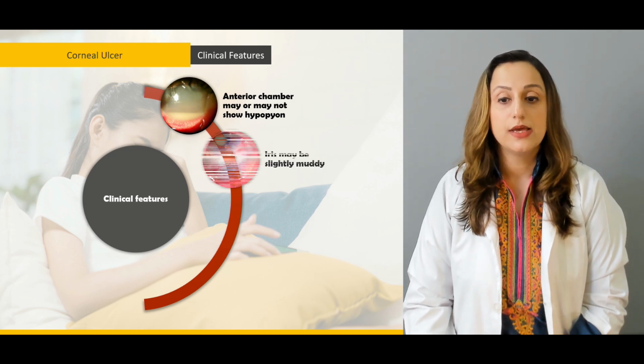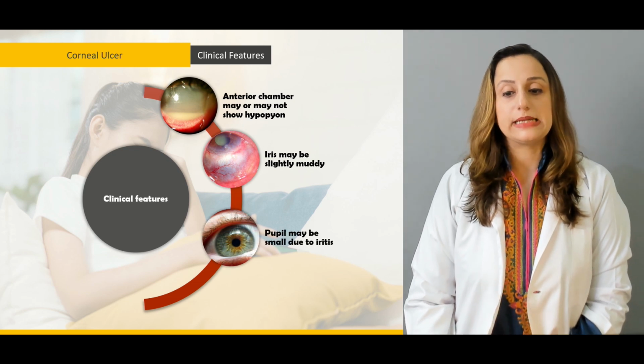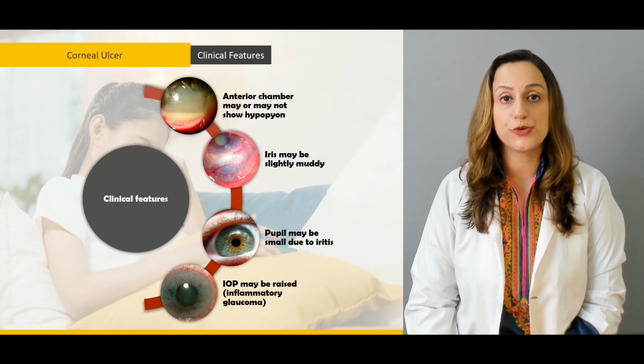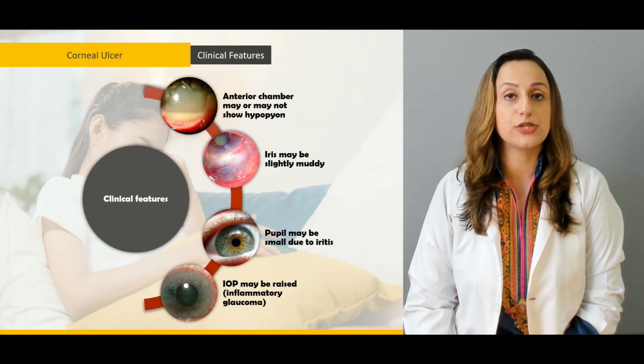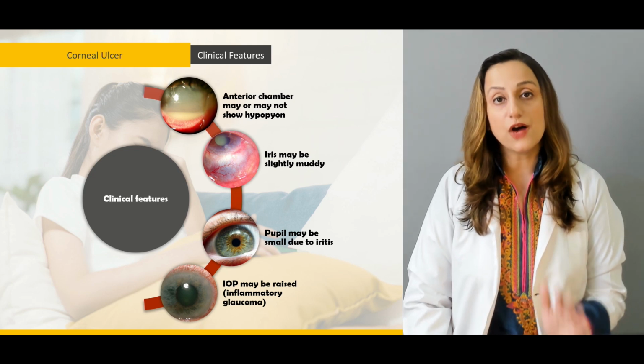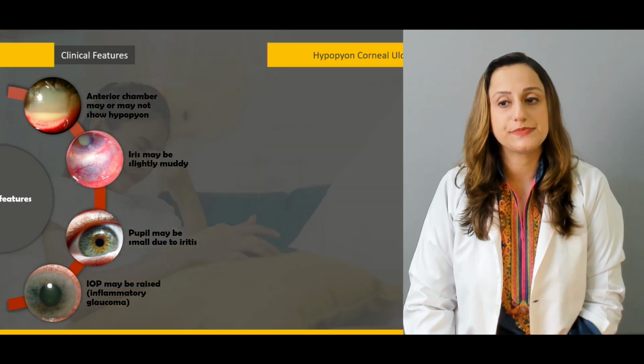The iris may be slightly muddy as well. The pupils may be small due to the iritis, and the intraocular pressure may be raised due to inflammatory glaucoma, but this is only until the perforation occurs. After the perforation, there would be a decrease in the intraocular pressure.